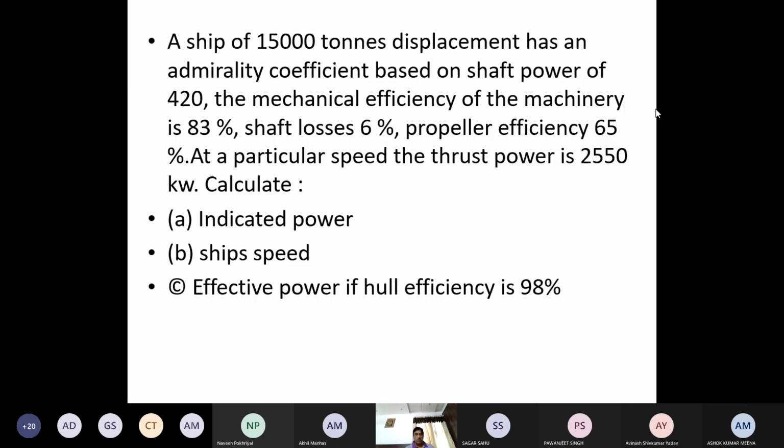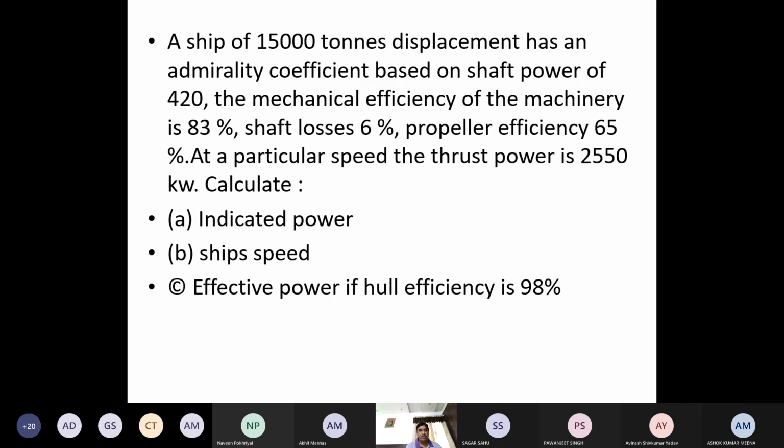So this is a numerical in front of you. The formula is known. Only thing is you have to calculate. A ship of 15,000 ton displacement has an admiralty coefficient based on shaft power of 420. The mechanical efficiency of the machinery is 83%, shaft loss is 6%, propeller efficiency is 65%.